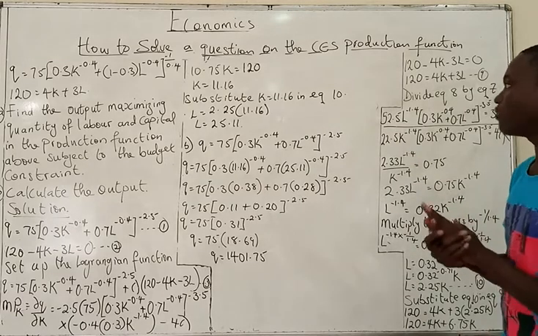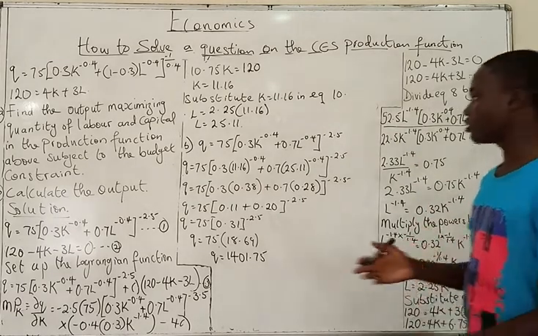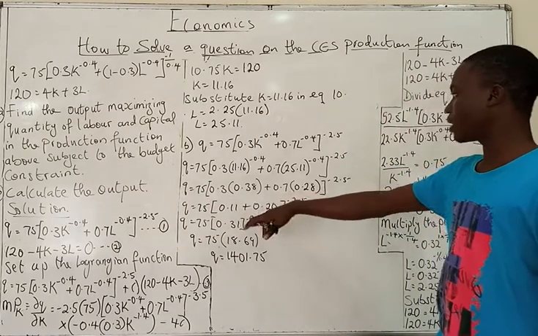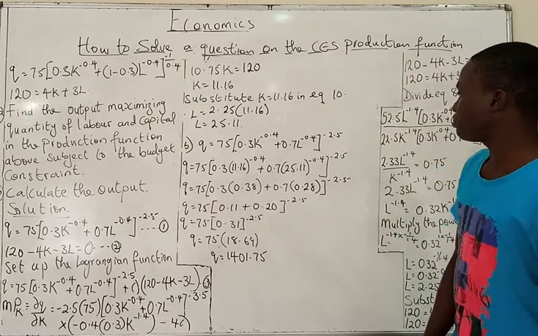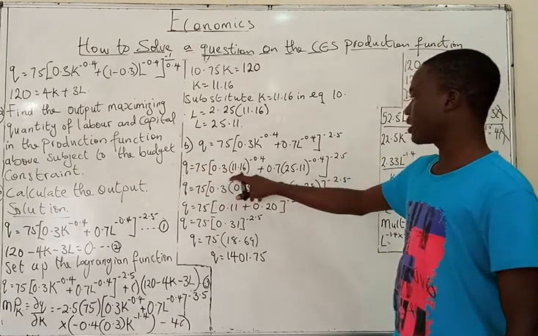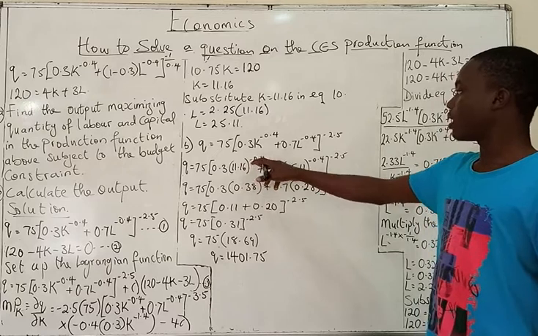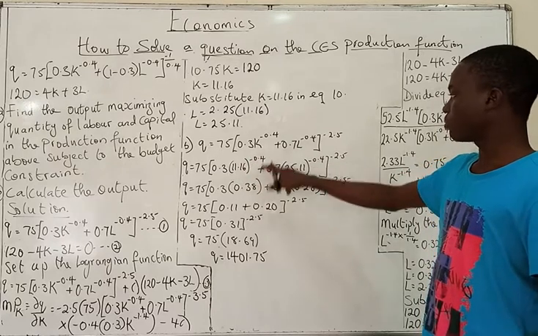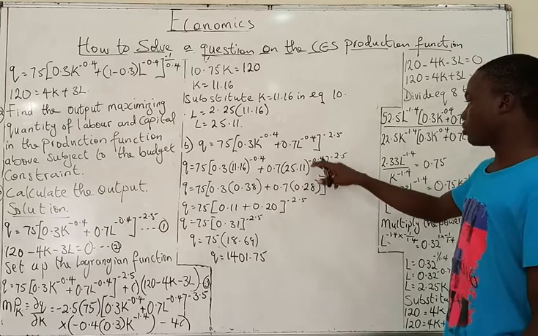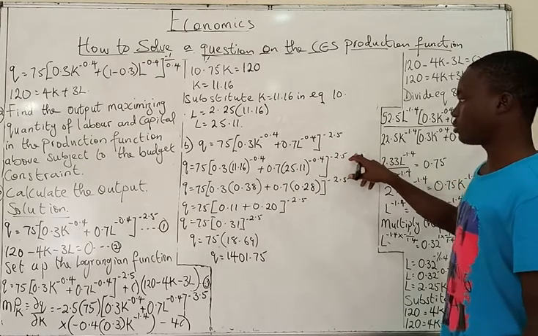So we just substitute the values of K and L that we've obtained now into this. So Q equals 75 into bracket 0.3 into bracket 11.16 which power minus 0.4 plus 0.7 into bracket 25.11 close the bracket which power minus 0.4, then everything which power minus 2.5.